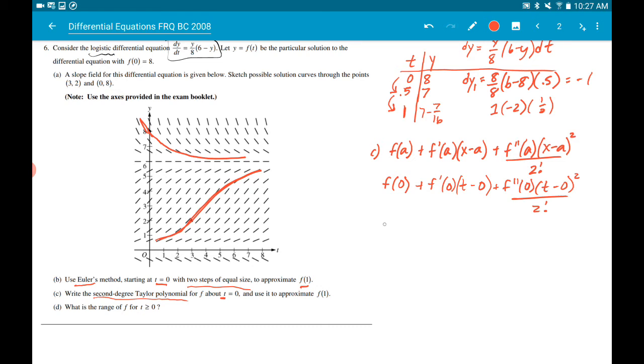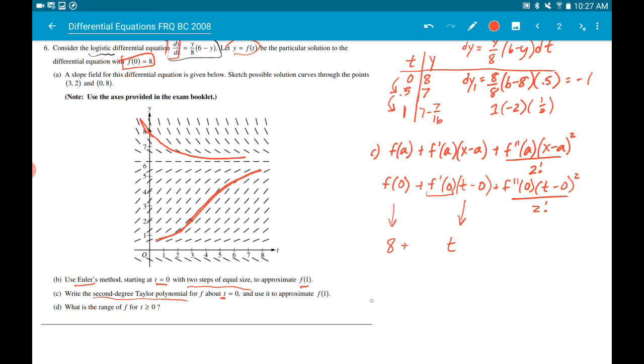Okay, we have some of this stuff. f of 0 is 8, so that's this. And then this t minus 0 just becomes a t, but we need f prime of 0. And remember, f prime is the same as dy dt.